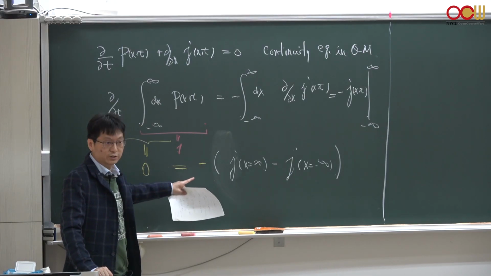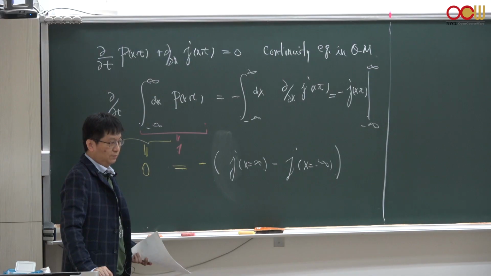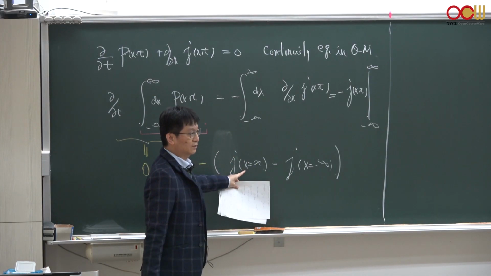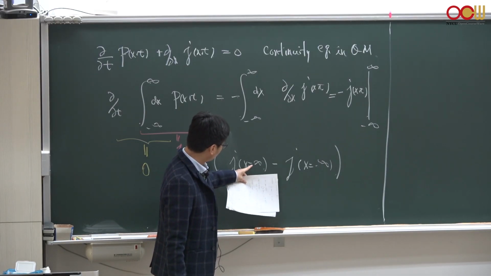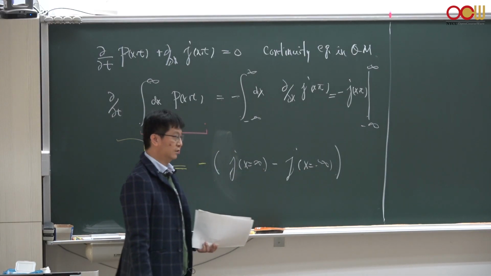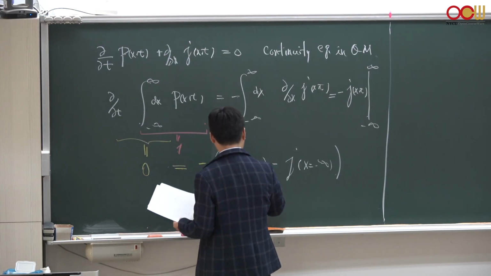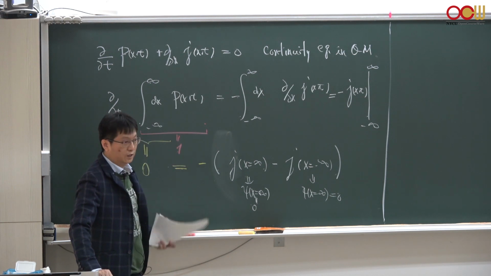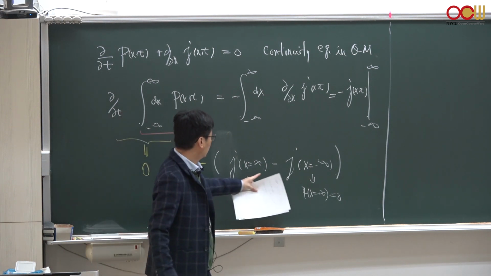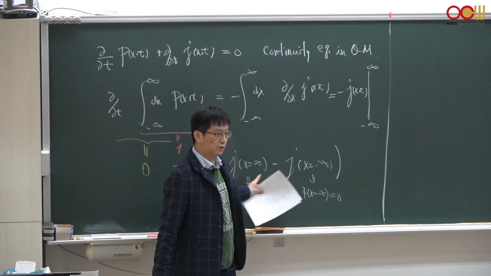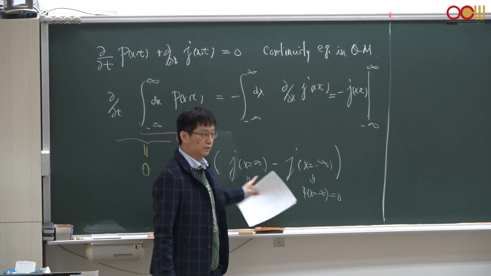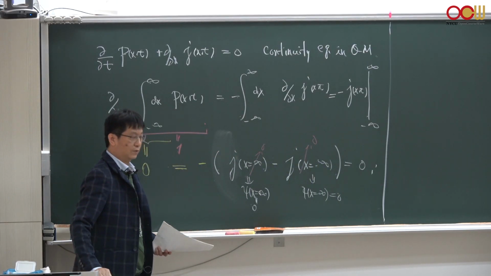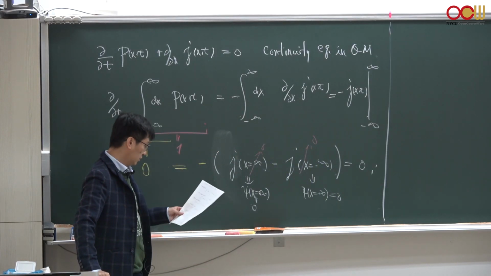But what are this j(infinity) and j(minus infinity)? As I mentioned, this wave function should be square integrable, and far away from the origin in the plus infinity direction and also the minus infinity direction, this wave function should vanish, right? As a result, if you integrate over the entire space, then these two boundary values of this current density, the probability current, should be 0. And as a result, the right-hand side of the equation is also 0.